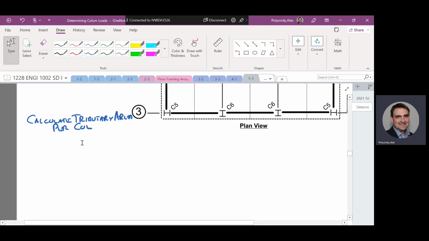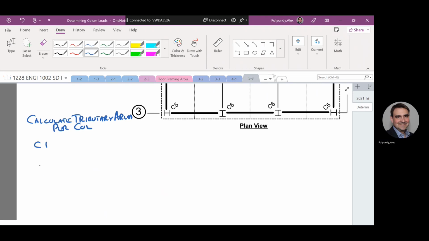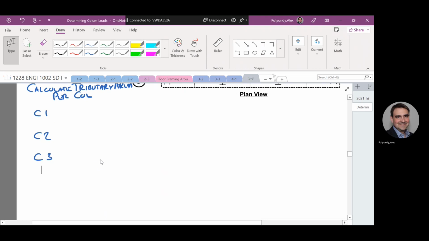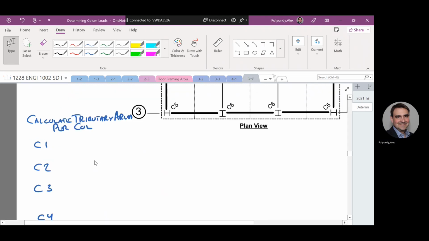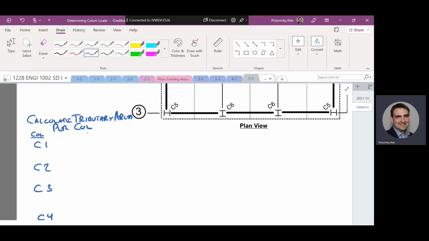And I'm going to write down here C1, C2, C3, C4, C5, and C6. That's my column and my tributary area.